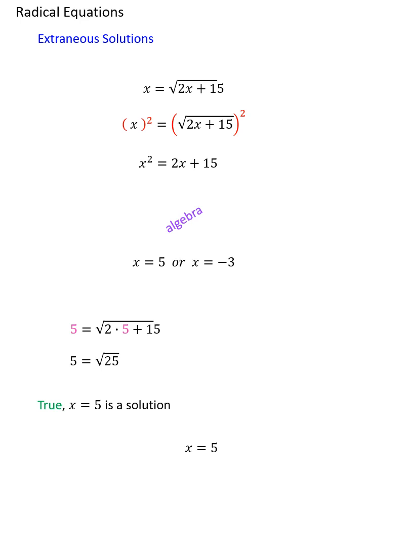But we don't mention things that aren't solutions. 72 isn't a solution, nor is 41.6. We didn't mention that they weren't solutions either. So resist the urge to say that 5 is a solution and -3 isn't, because we don't mention things that aren't solutions. This equation has one solution, and it's x equals 5.